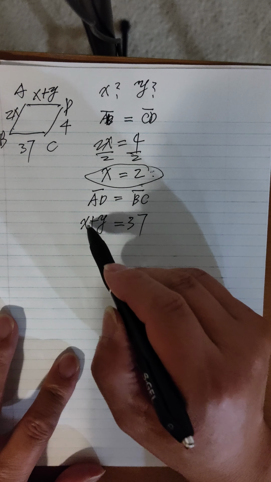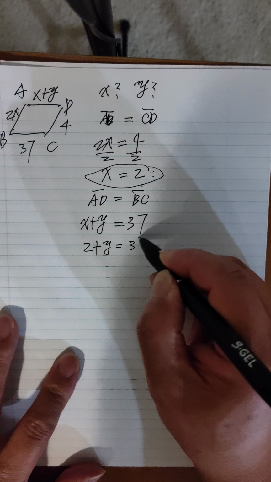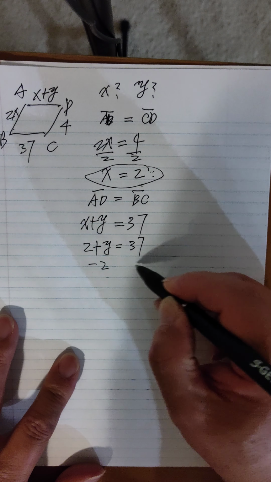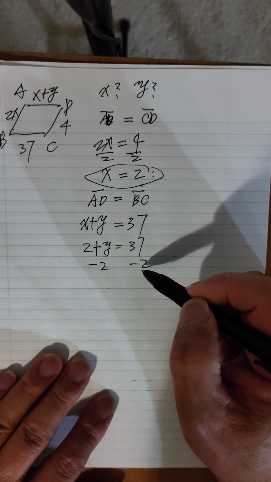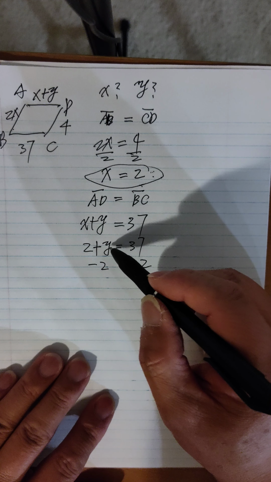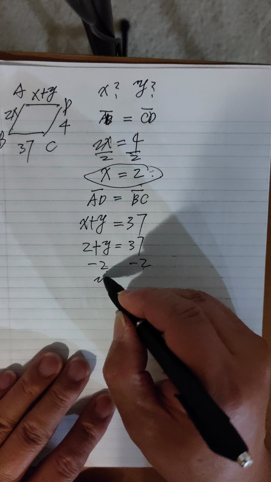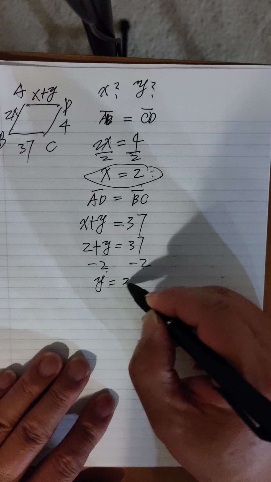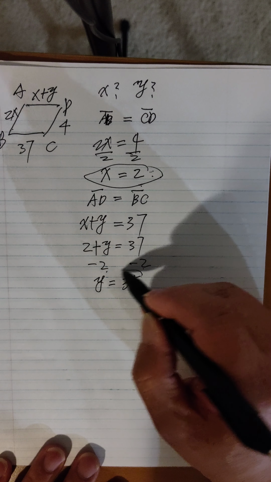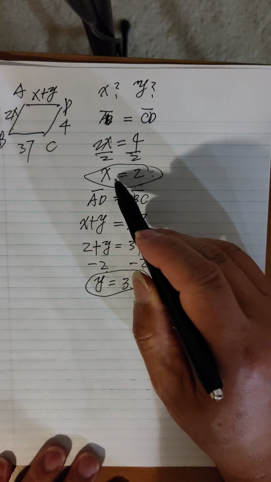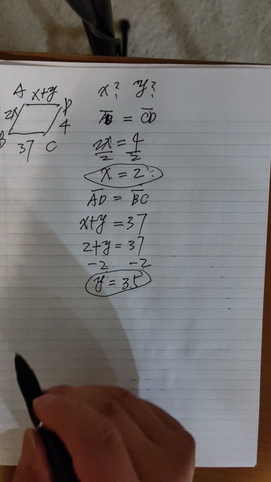Since x equals 2 right here, we get 2 plus y equal to 37. We subtract 2 on both sides. Since we apply the same operation with the same numbers, the equal sign still holds. Left hand side we've got y, right hand side we get 35. So that way we solved both x and y. Okay.